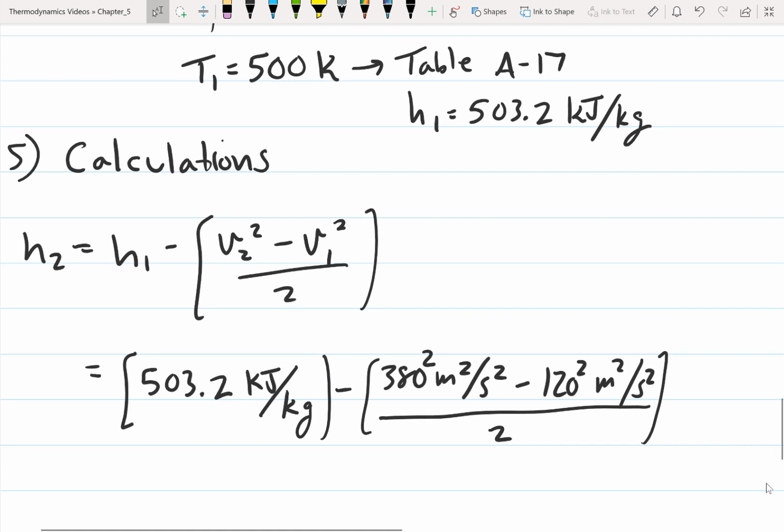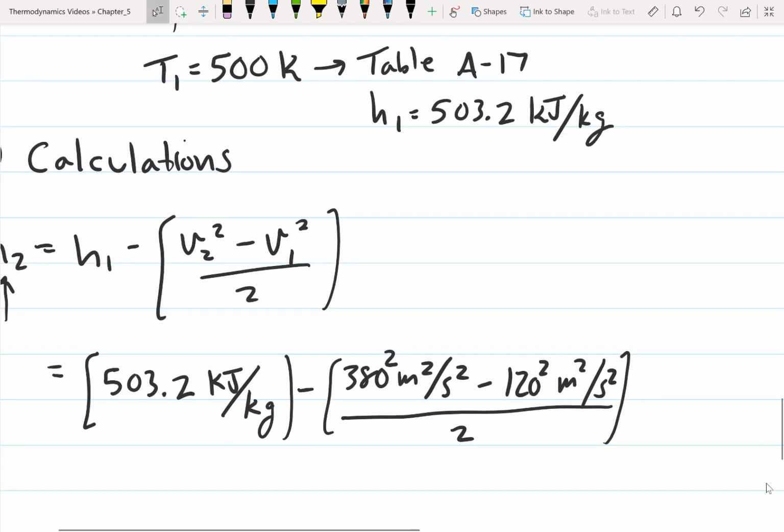Since we're solving for enthalpy, we're going to want kilojoules per kilogram, so we need to convert the meters squared per second squared to kilojoules per kilogram. The conversion is 1 kilojoule per kilogram is equal to 1,000 meters squared per second squared.